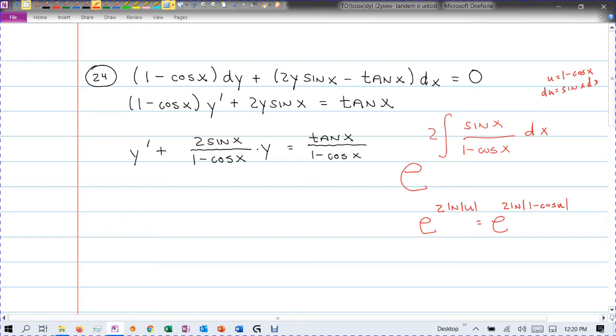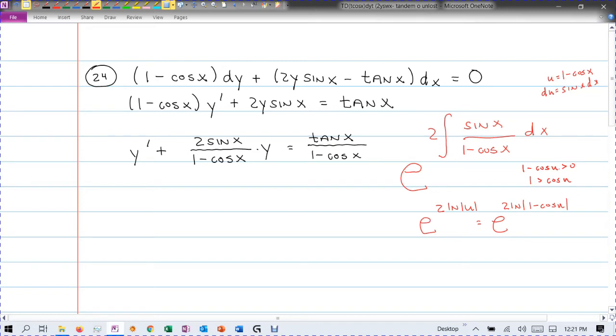Let me see. So what we need there is we need 1 minus cosine x to be bigger than 0. So cosine x less than 1.